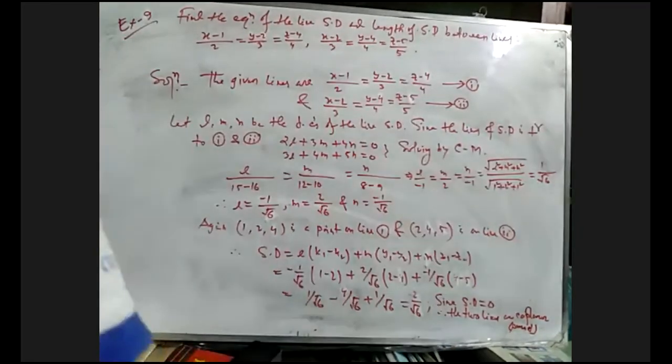This is the length of the shortest distance, 2 divided by root 6.